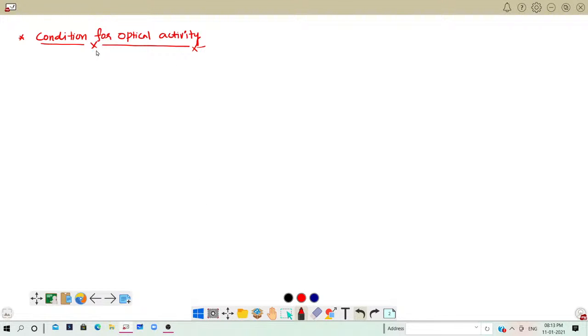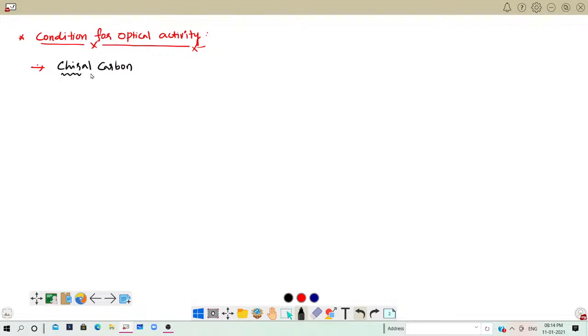First one, say chiral center, chiral carbon.